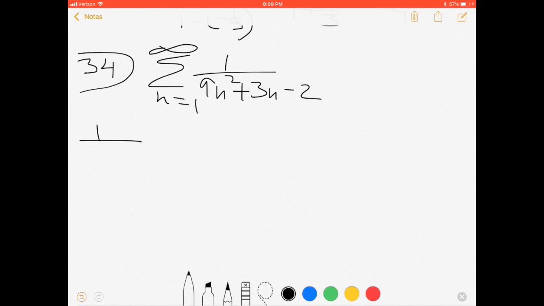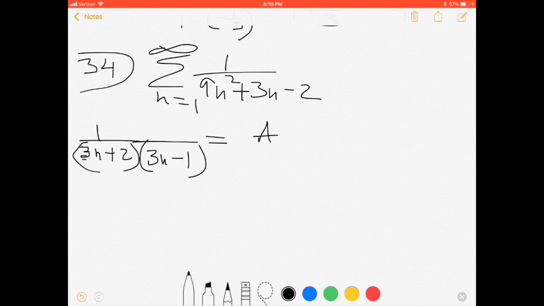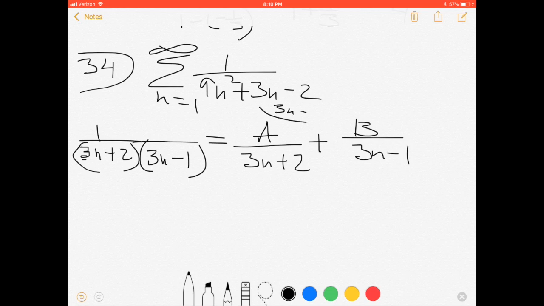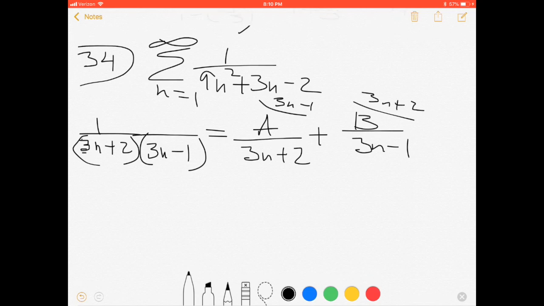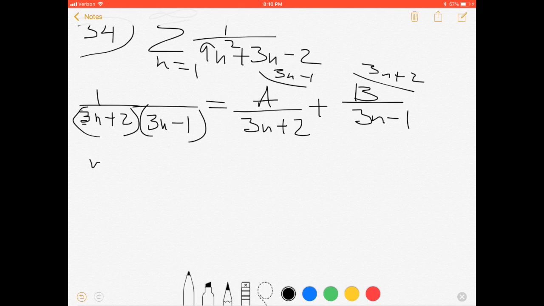First I can try factoring. It will be 1 over 3n plus 2 and 3n minus 1. This means here we have a over 3n plus 2, b over 3n minus 1. You see, we're always doing something very similar. Try to make the same denominator, multiplying by the different denominator.